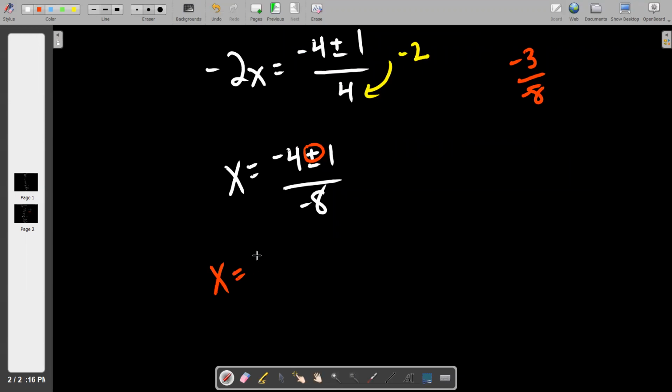The only simplifying that would be necessary is just acknowledging that two negatives become a positive. Oof. -4 minus 1 is, which is, how we do? 6 up, 6 down.